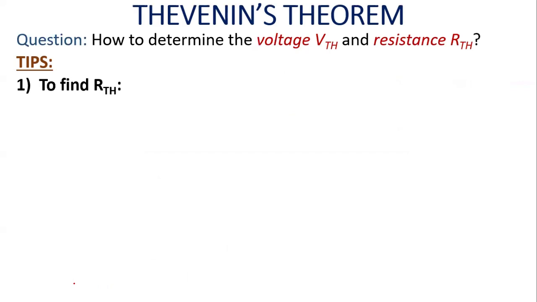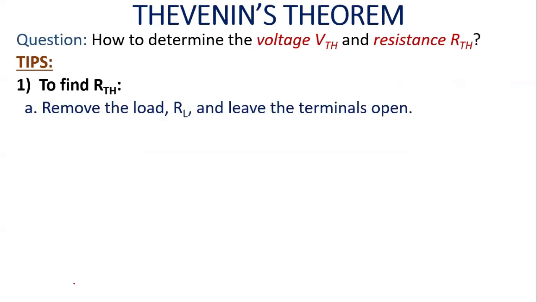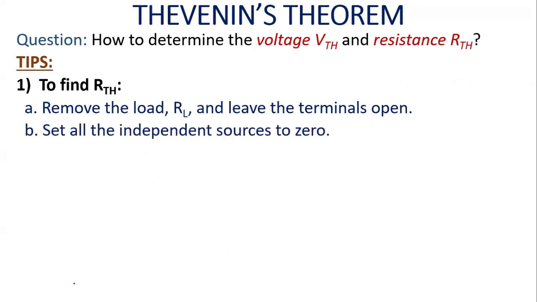First, these are the tips in solving for the RTH. First, we have to remove RL and leave the terminals open. Second, set all the independent sources to 0.